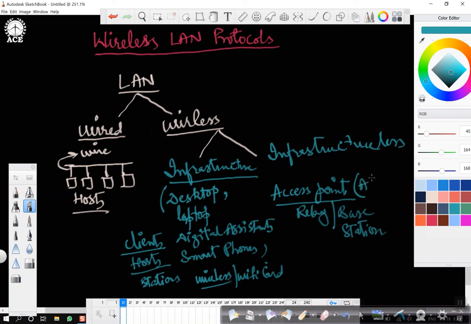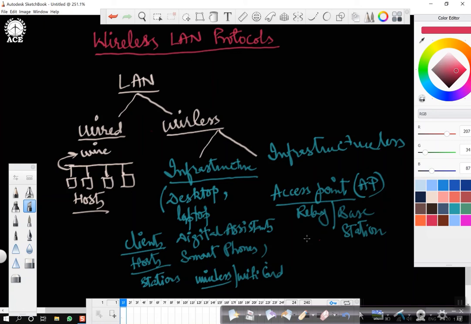Generally, we indicate access point in short as AP. I'm sure in college you have seen access points placed across different floors of the building. In our CSC department, you can see them at different places, in front of the faculty room and in front of the lab. Through access points, if you have the credentials, the login ID and password, you can log in and use the college internet through Wi-Fi, through wireless mode.